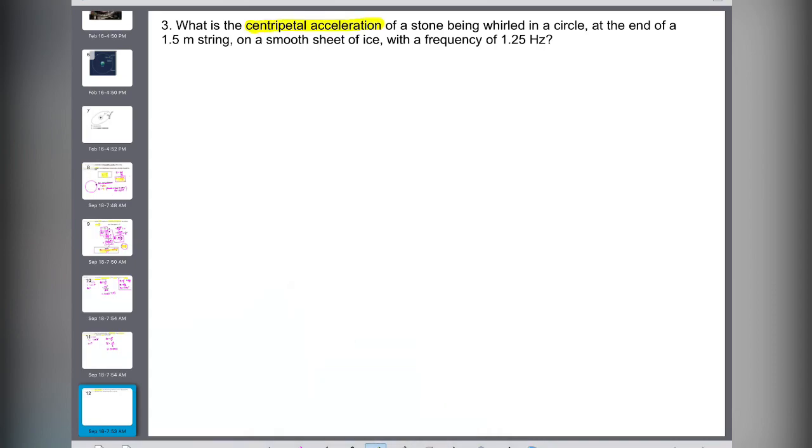What is the centripetal acceleration of a stone being whirled in a circle at the end of a 1.5 meter string? At the end of the string, this means the radius, right? The frequency, now we're moving on to the other equation. So they tell you frequency is 1.25. So what do I have? I have radius is 1.5, and they tell me the frequency is 1.25 hertz.